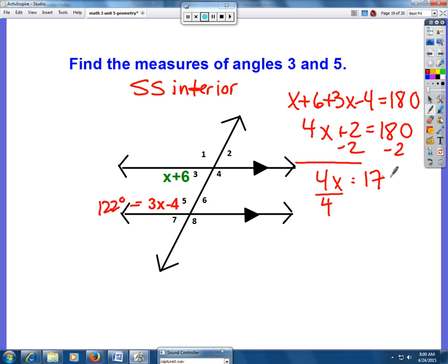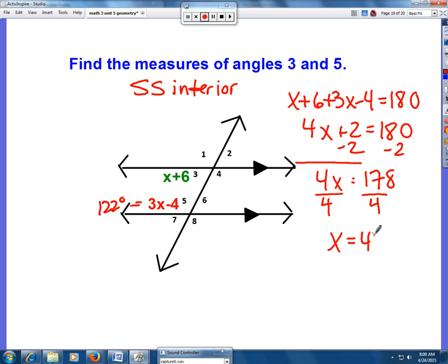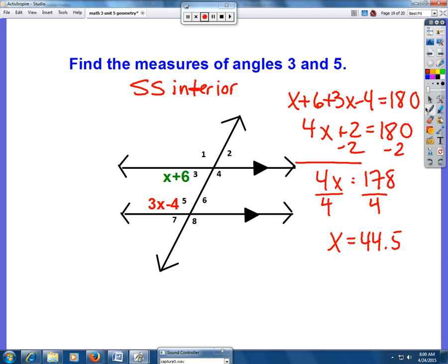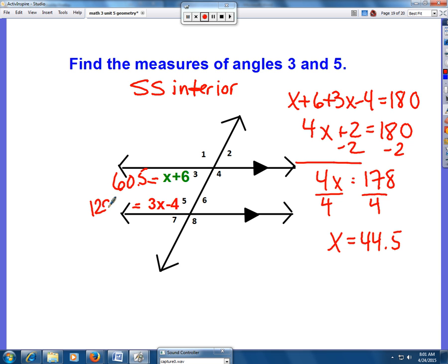So 178 divided by 4 is 44.5. So now I plug that in. You probably caught me and stopped and yelled at me. Sorry. So I'm going to add 6 to that, so I have 50.5. And 3 times 44.5 minus 4 is 129.5. And the way to check is just to make sure those add up to 180 since they're supplementary, and they do.